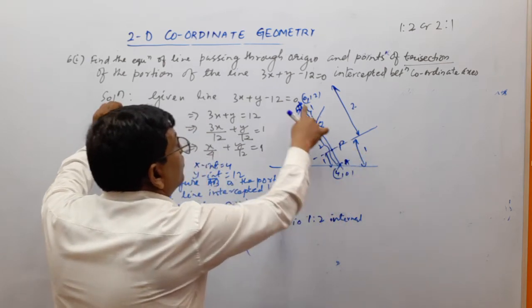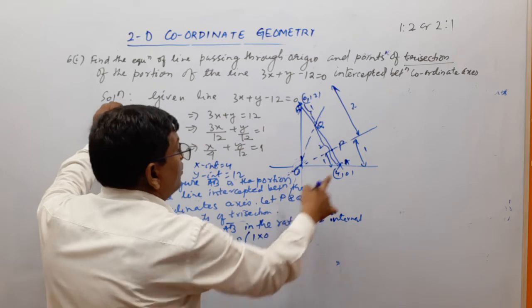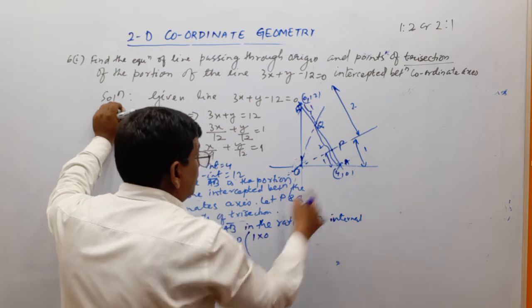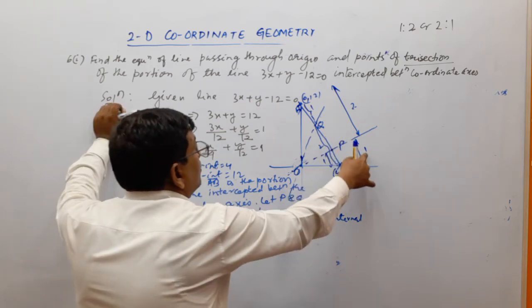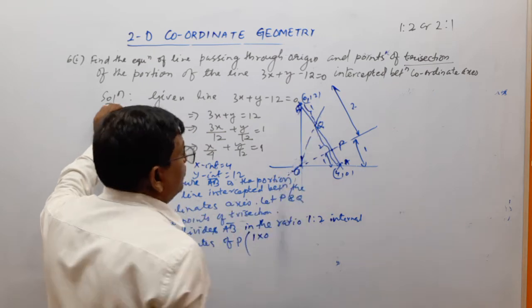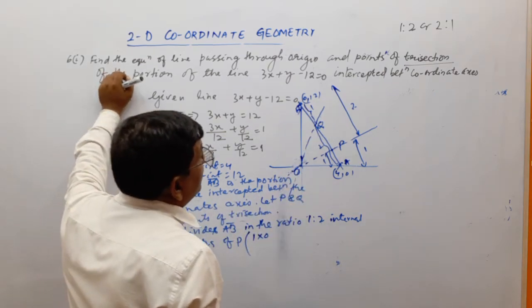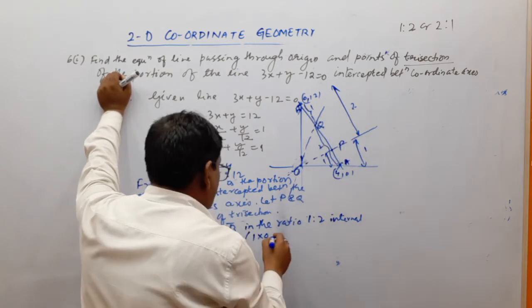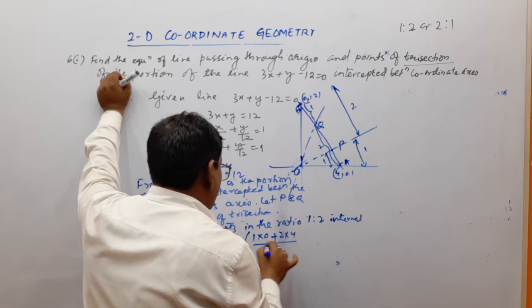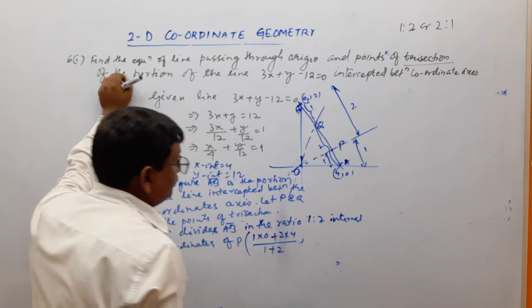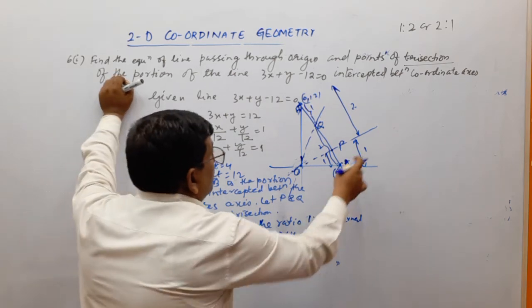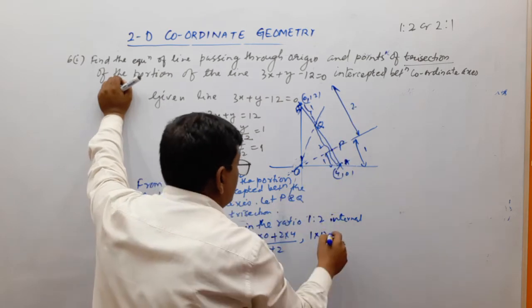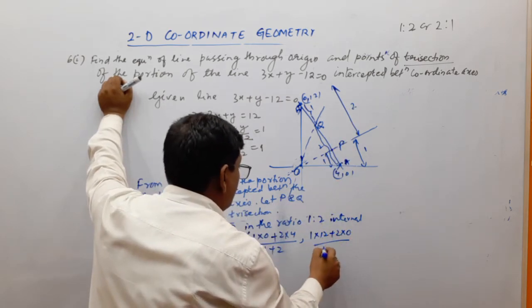that is mx2 plus nx1: 1 into 0 plus 2 into 4, divided by 1 plus 2, comma, 1 into 12 plus 2 into 0, divided by 1 plus 2.